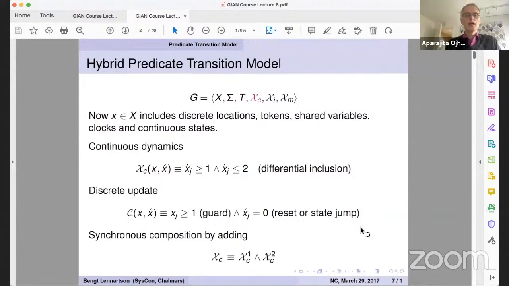But now we can also add differential equations to this description, and we could include differential equations, even differential inclusions, as you see here, saying that the time derivative of the state variable xj, for instance, is at least 1, but not more than 2. So the derivative is in an interval here.